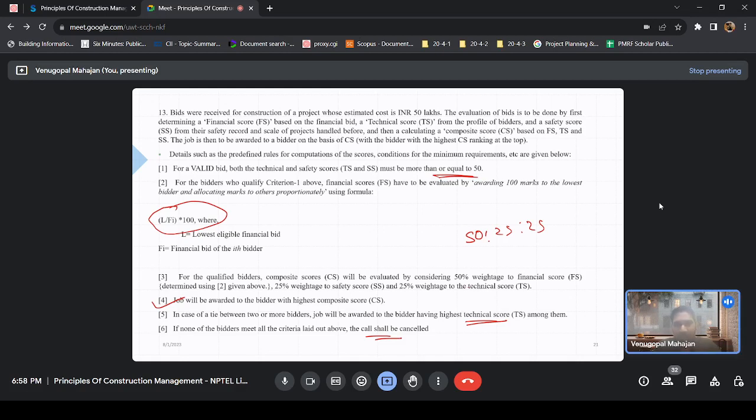No, definitely not. For someone who has not even constructed that kind of a structure, his technical score might be very low. Or for someone who cuts cost by compromising on the safety of the workers, of the project site, his safety score would be very low. But as he is cutting the cost otherwise, his bid would be low, so you will be awarding him. On the comprehensive side, that person might not be acceptable to you.